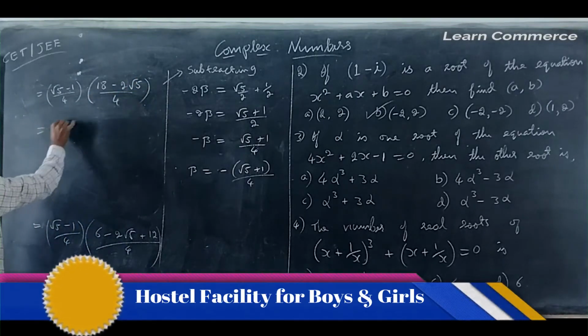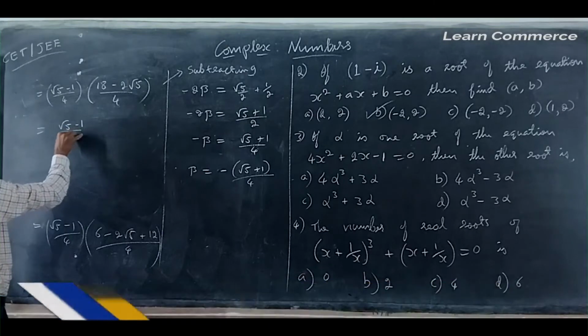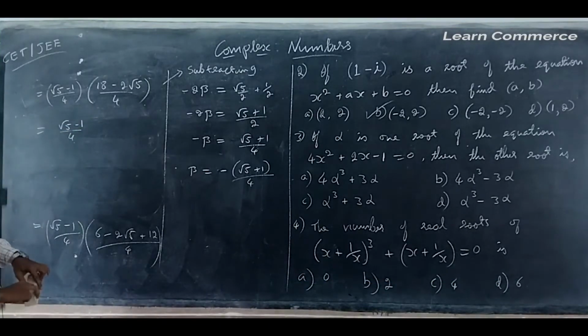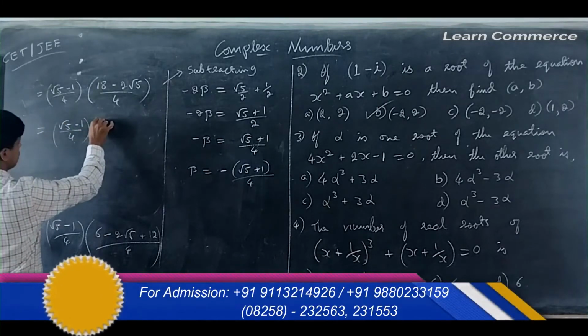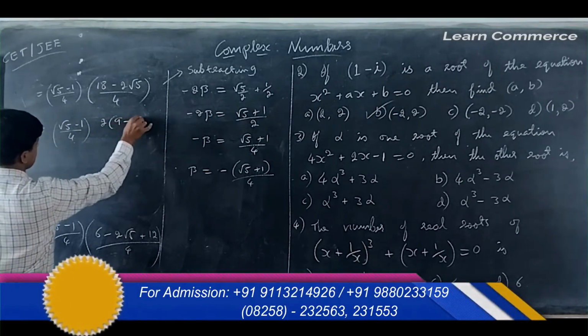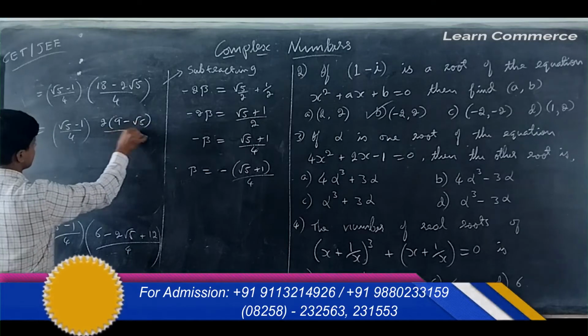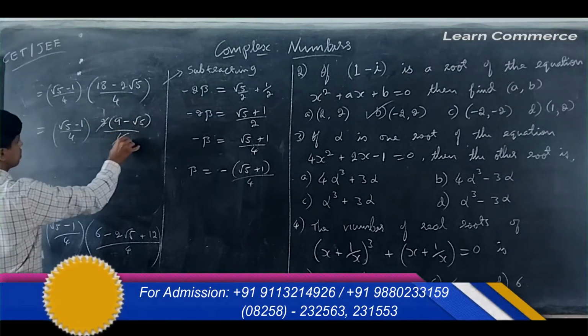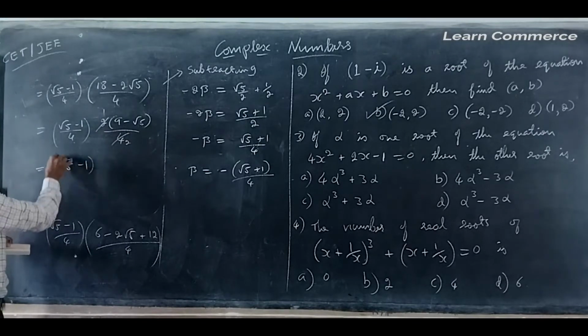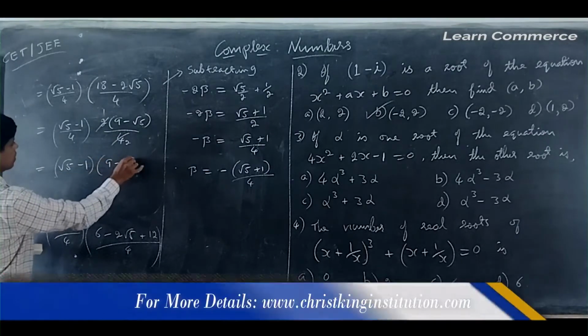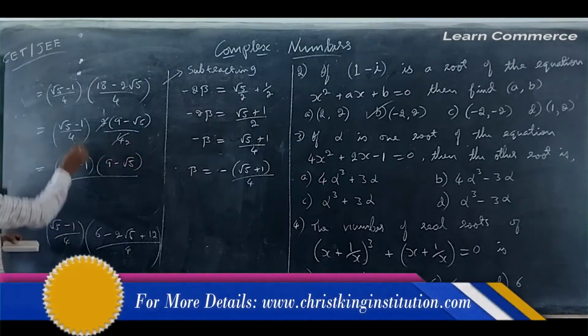What I can do is I can write this as 9 minus root 5 divided by 4. So 2 ones are 2, 2 twos are. Now this is so much easier. So root 5 minus 1 and 9 minus root 5 divided by 2 fours are 8.